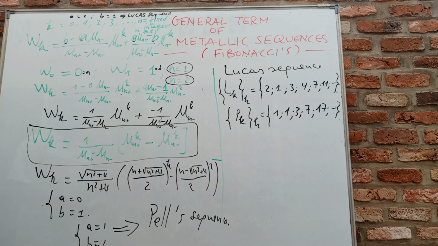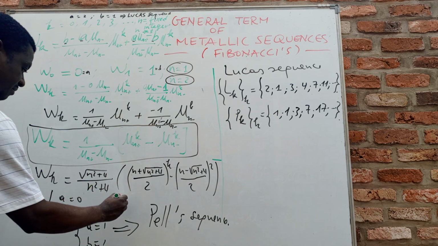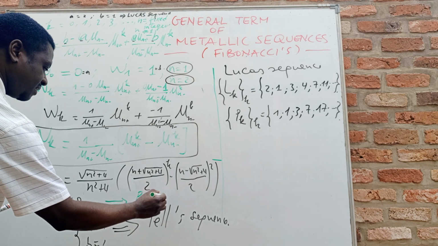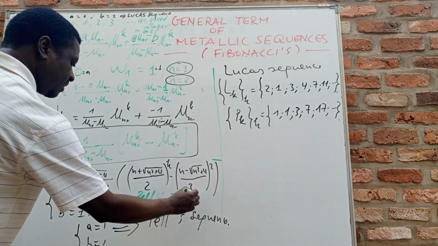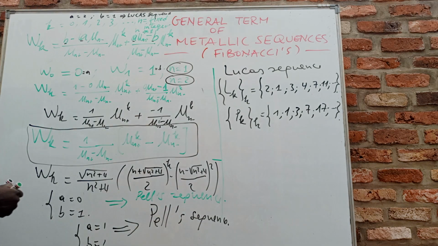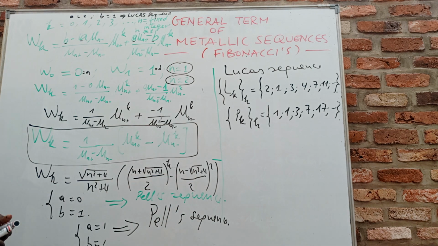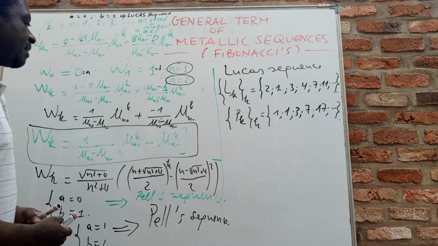But if we use this form with initial conditions a equal to 0 and b equal to 1, we get another Pell sequence, which is made up of what is generally called Pell numbers.